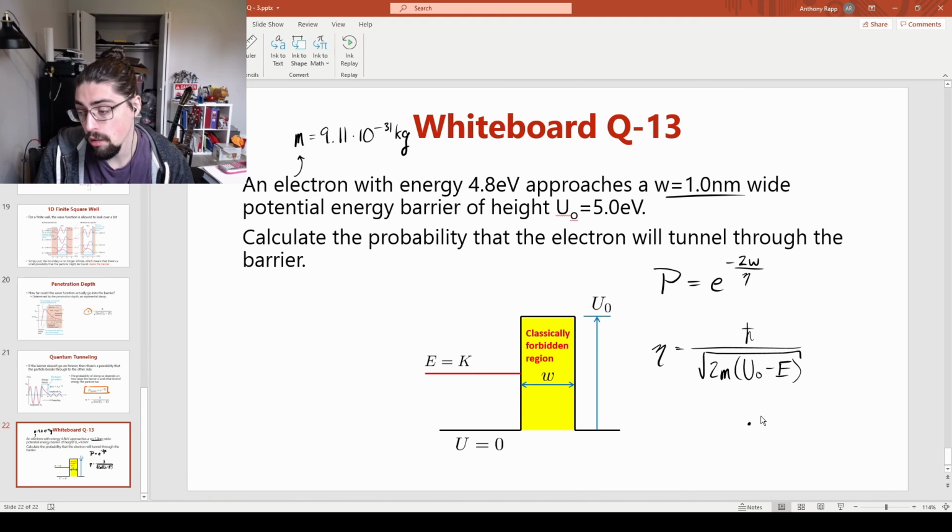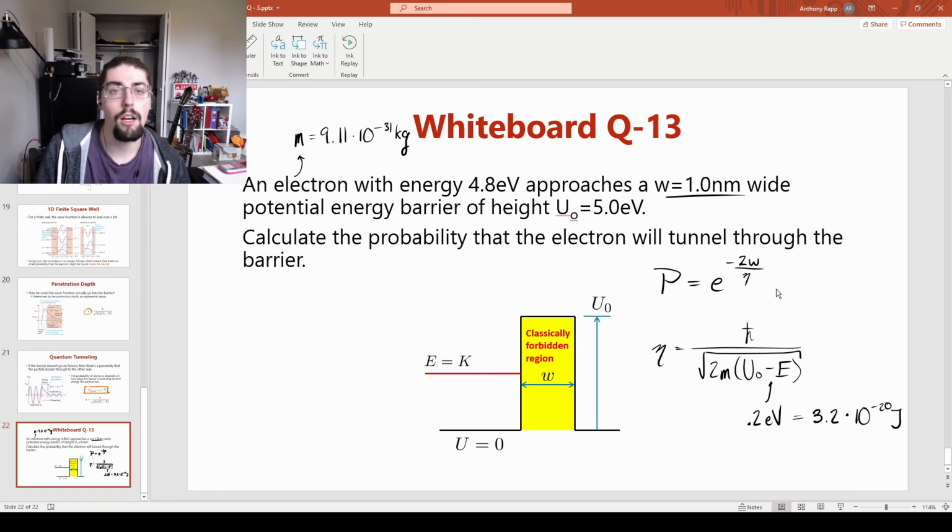Let's take the 0.2 electron volts as the difference and convert that back into joules. This would become 3.2 times 10 to the negative 20th joules times the mass, all of that square root under h bar.